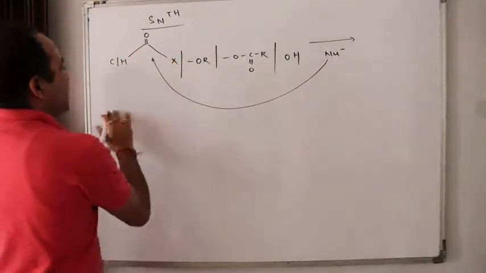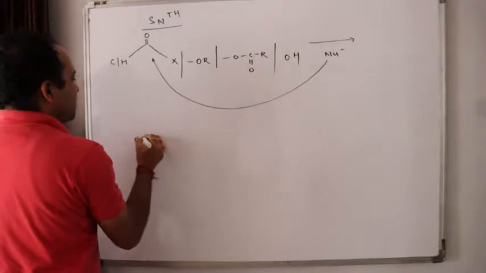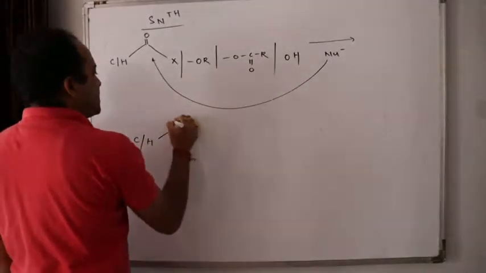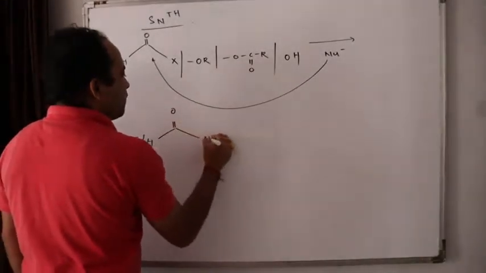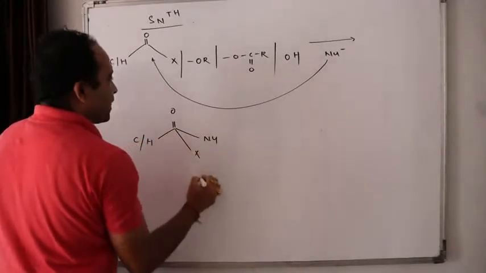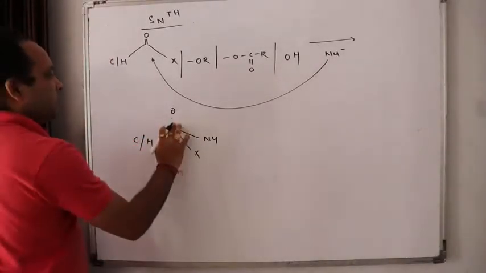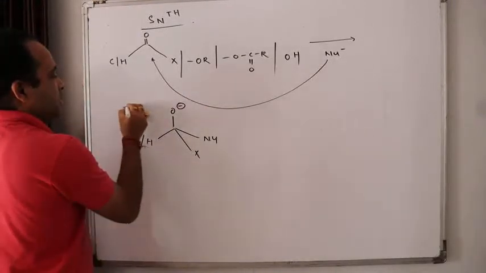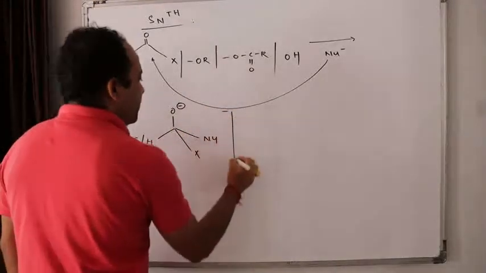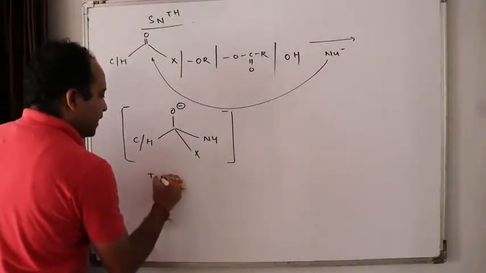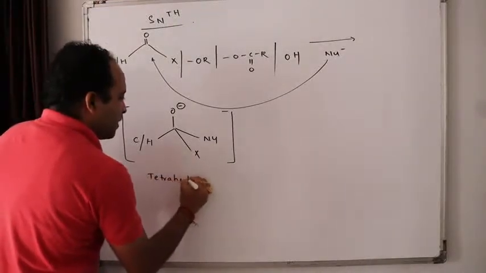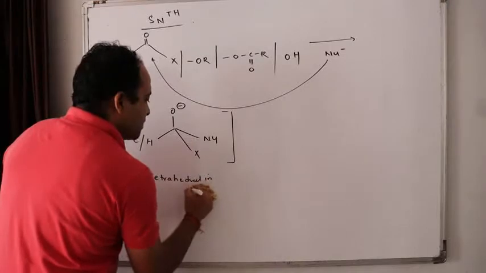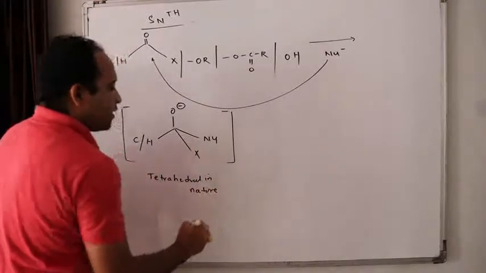So what will happen here? Here we will get something like this. CH double bond O, the nucleophile attacks, and we have X. When this nucleophile attacks, this oxygen becomes negative. This is the intermediate form, and this is tetrahedral in nature, isn't it?